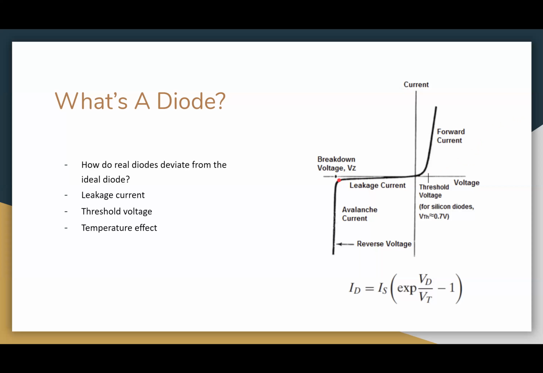And then when a forward voltage is applied, it needs to reach a certain threshold voltage before it starts letting a bunch of current go through the diode. So that's another difference between the real diode and the ideal diode. Another one that we're going to observe is the Zener voltage, or the breakdown voltage.